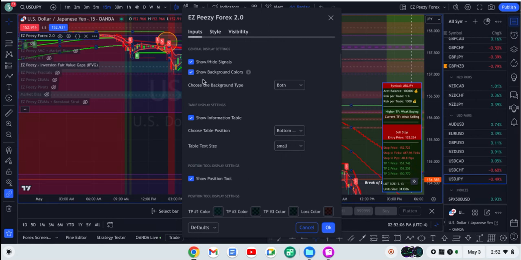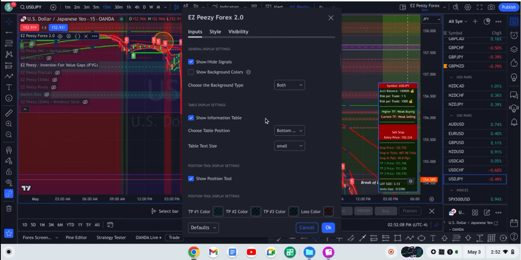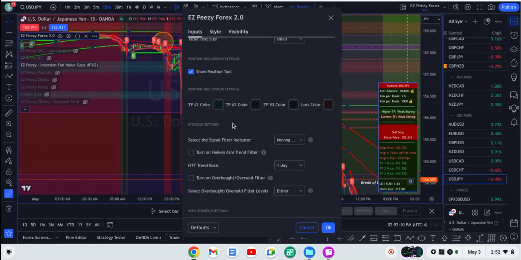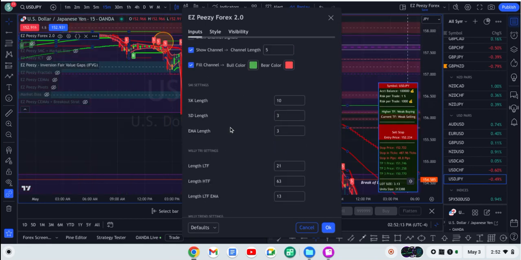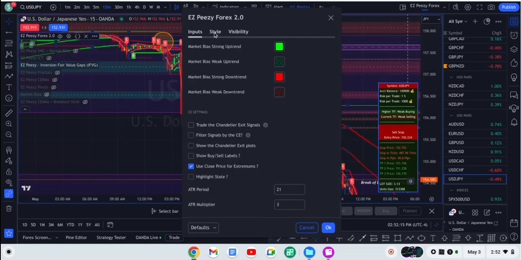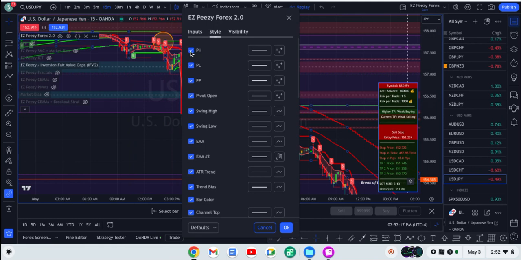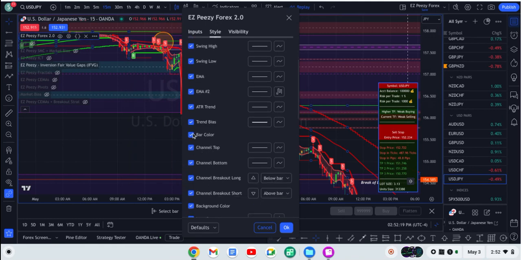Sorry guys, I can't even find my stuff. Nope, don't want to show the background colors. Let me just turn off, because I think when I put it on my chart, it just shows everything, and I don't want to see all this stuff. Go back here.